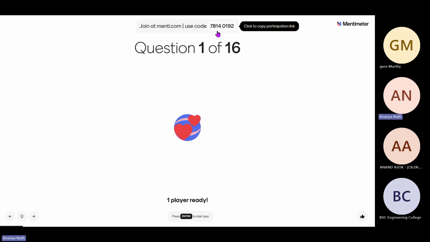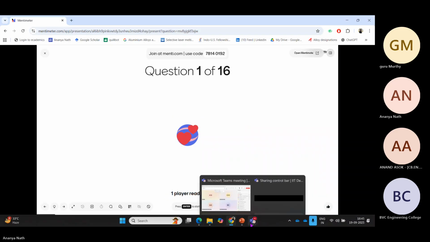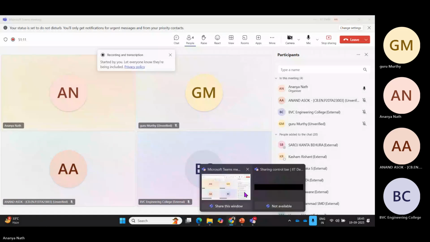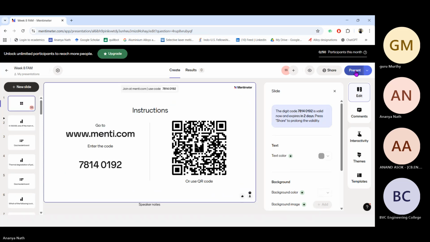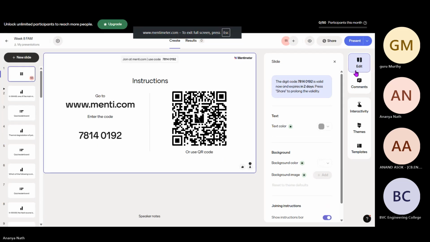I could see only one person joined. Anand and other people can join. It's a fun game. Don't worry. There are no real marks.